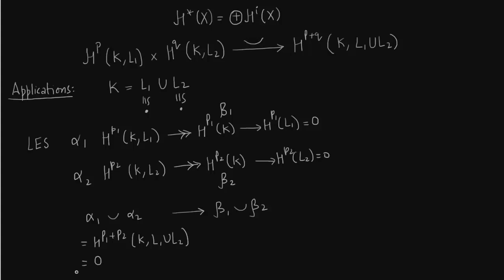So therefore this relative cohomology would be 0. K modulo itself will give you 0. So this 0 is what gets mapped to beta 1 cup beta 2. So that means beta 1 cup beta 2 is 0. So the cup product is 0 for any two non-zero elements in the graded ring H star K.